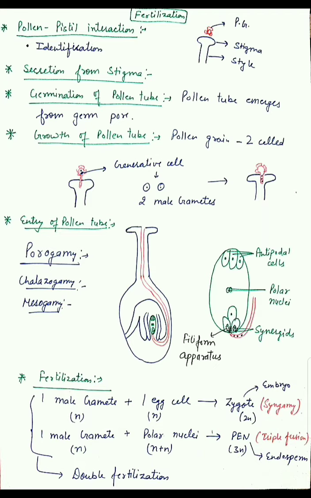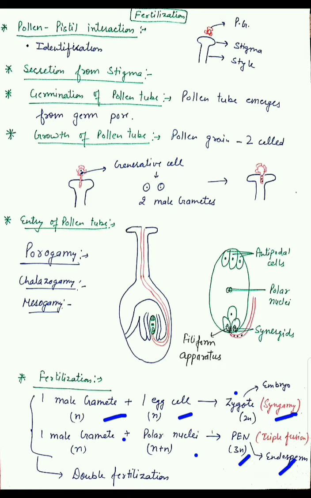I am repeating this: one male gamete fuses with one egg cell and leads to the formation of the zygote, which is diploid in nature, and this process is known as syngamy. Another male gamete fuses with the polar nuclei and leads to the formation of the primary endosperm nucleus, which leads to the formation of endosperm.